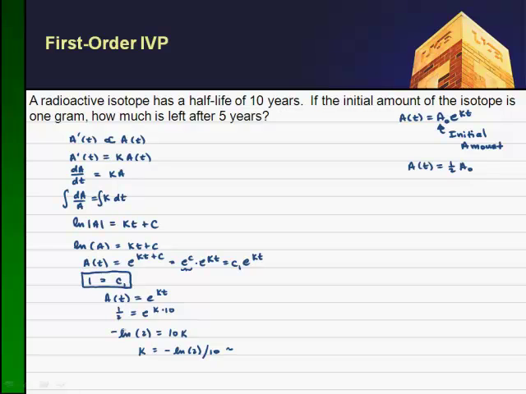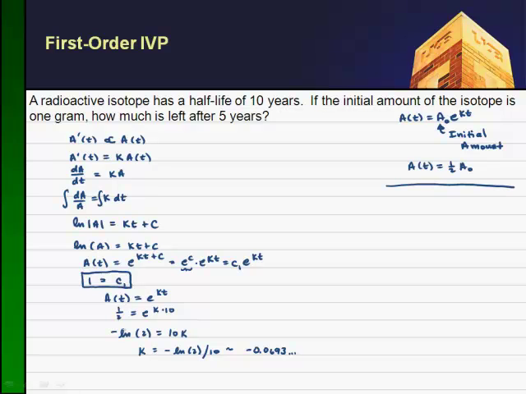I get that k is roughly negative 0.0693, and so on and so forth. And we expect a negative rate. That's the only way we're going to have a decay process.